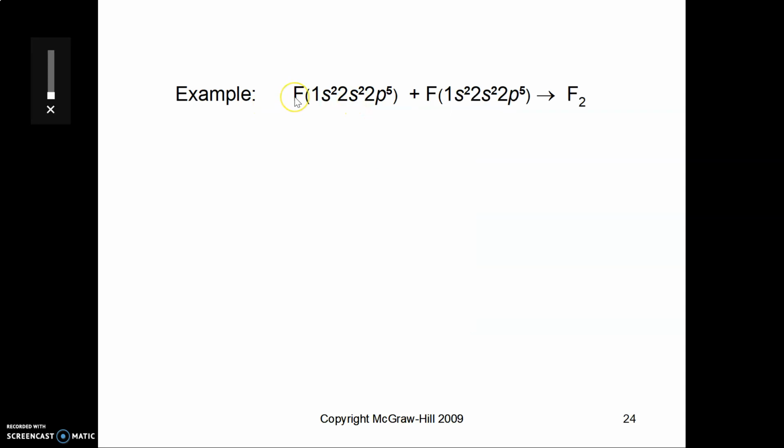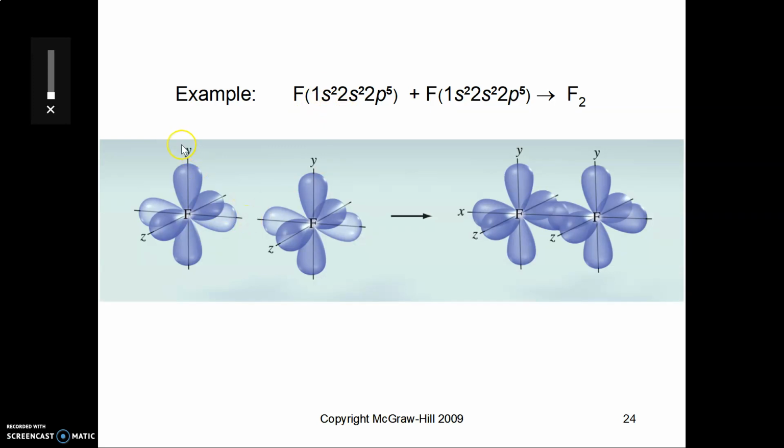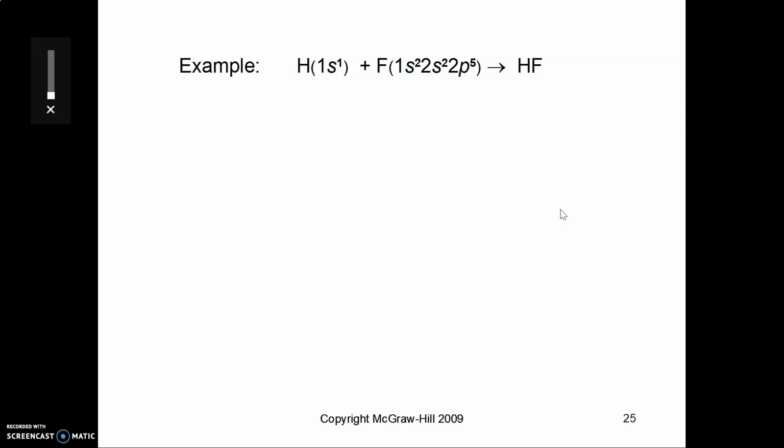Let's look at something like fluorine. All right, fluorine has 1s2, 2s2, 2p5. It looks like this. Remember, we have our px, py, and pz. Their overlap is right here. Okay? And now let's look at a combination of them, right? So fluorine, its valence shell is the 2p, and the hydrogen is its 1s.